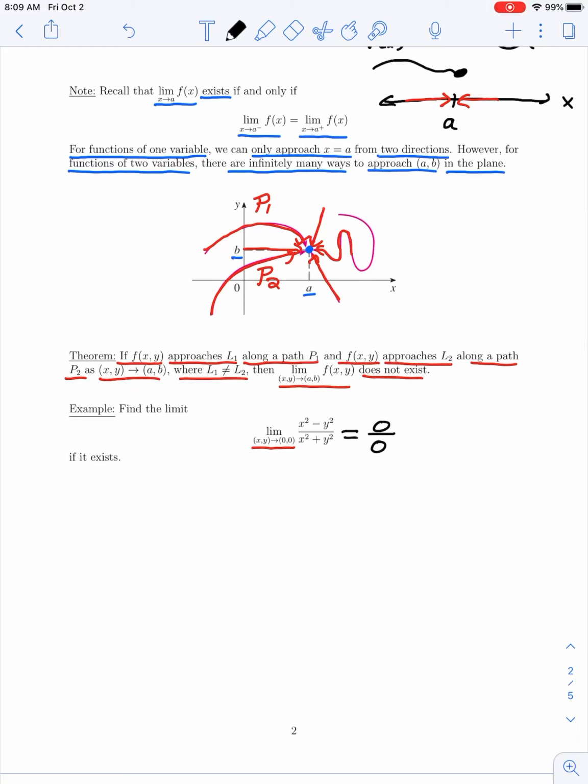So let's consider the limit of this function as (x,y) approaches (0,0) along the x-axis. Now, the x-axis is the line defined by y equals 0.